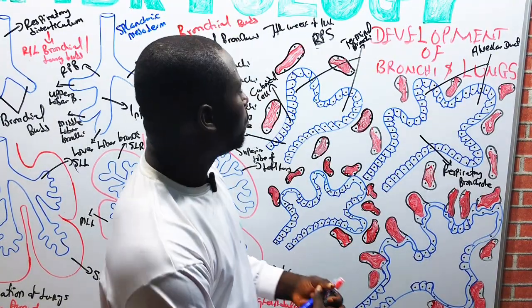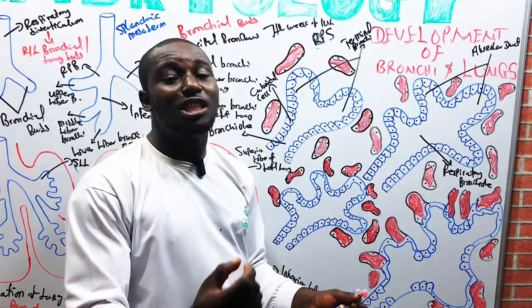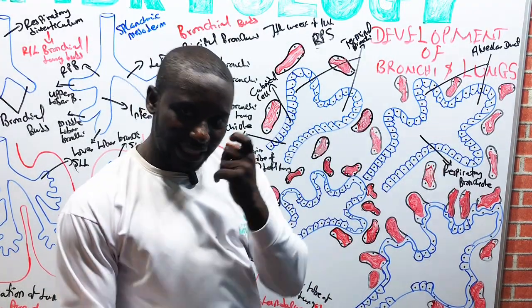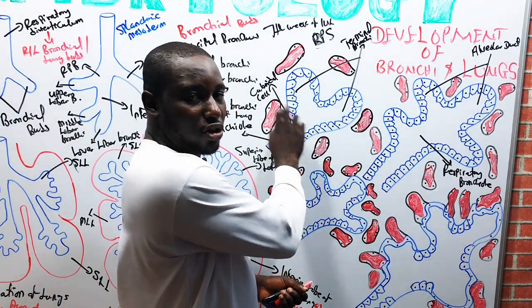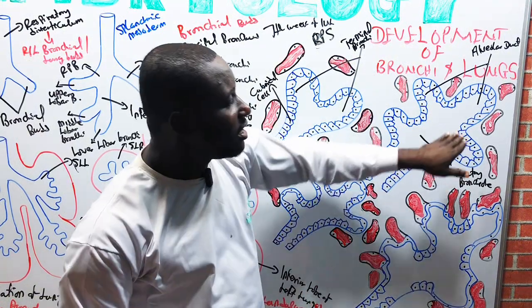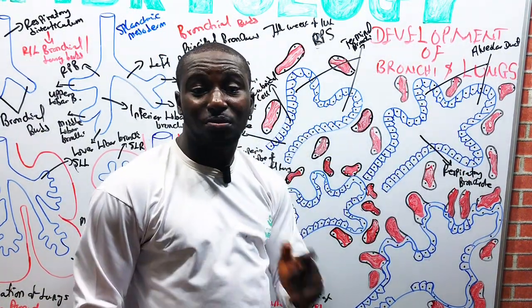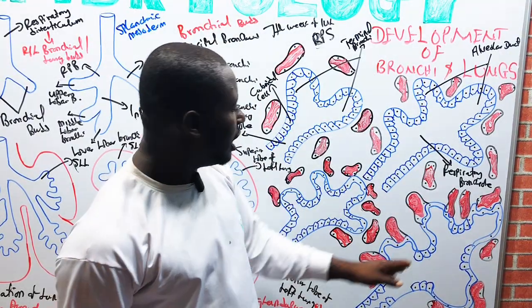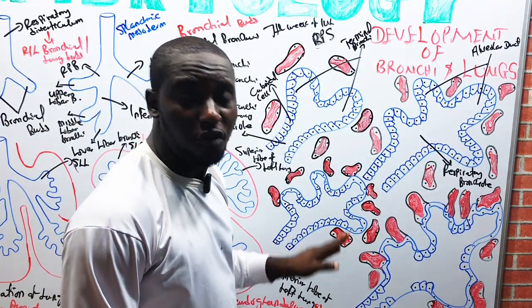So you can see that the chance of a baby born in this stage surviving is slim. In the previous stage, the baby cannot survive, but in this stage, survival is slim. It has to be in intensive care, right? So that is all about the canalicular stage of lung formation.